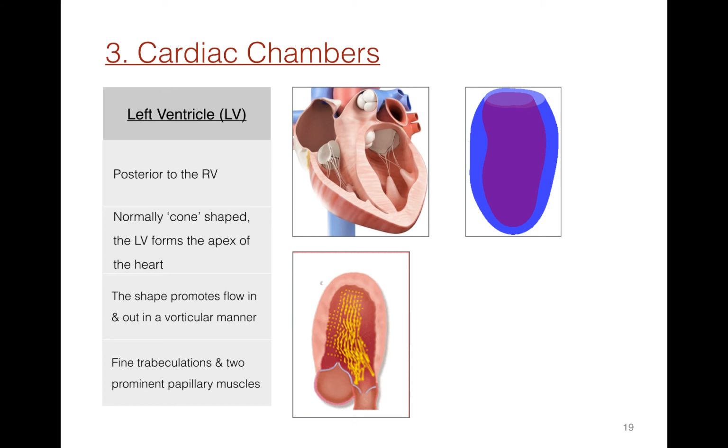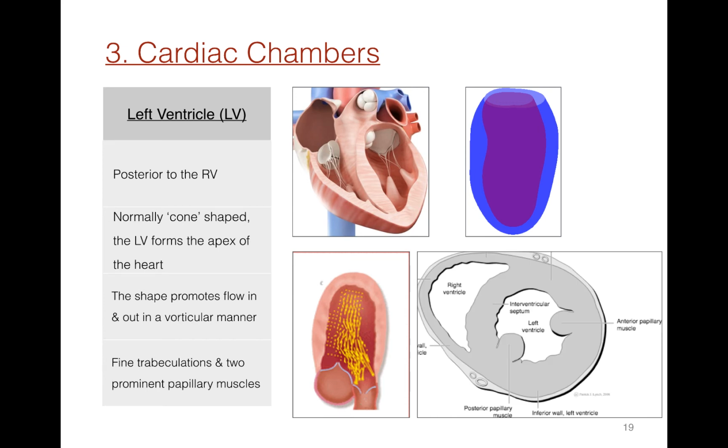The left ventricle has fine trabeculations in contrast to the right ventricle, which has rough trabeculations. Distinct from the fine trabeculations in the left ventricle are two prominent papillary muscles, the anterior and posterior papillary muscles.